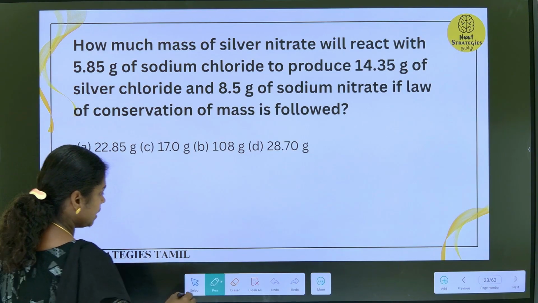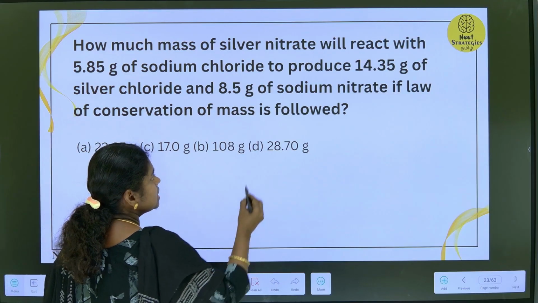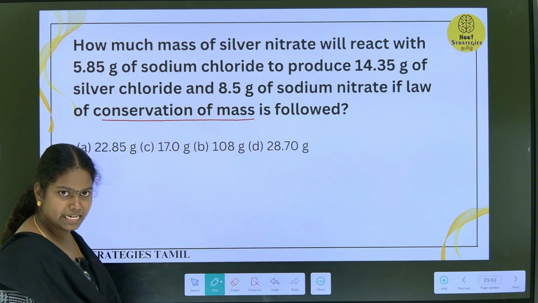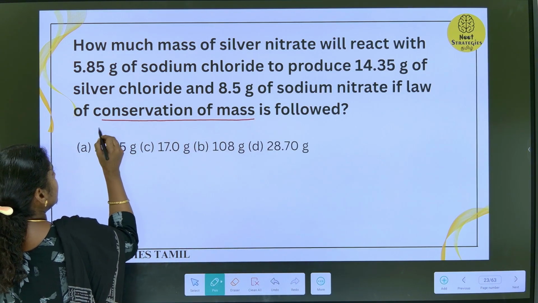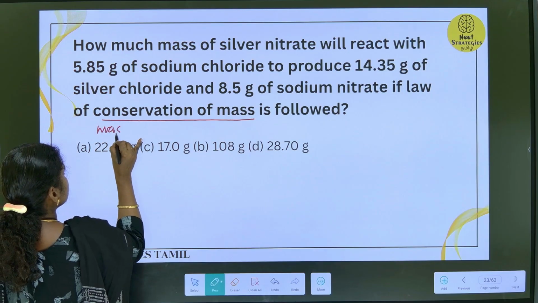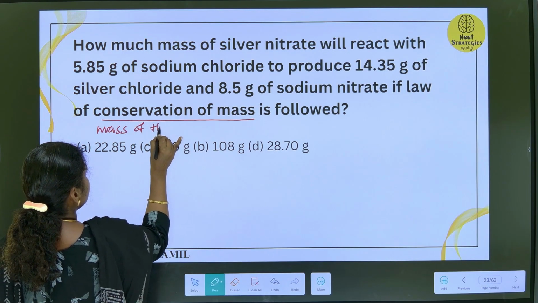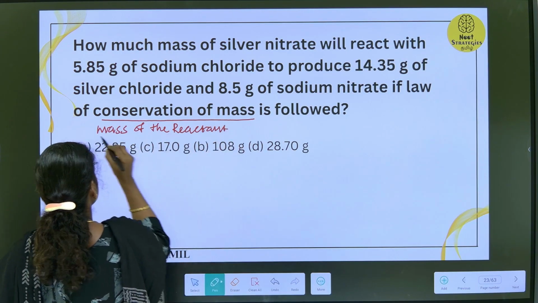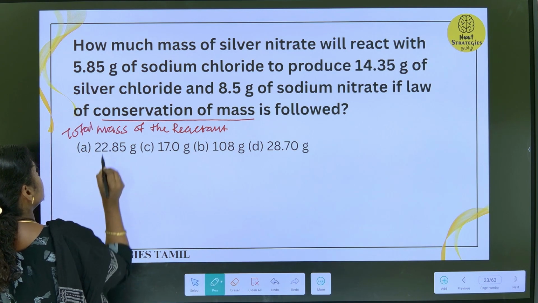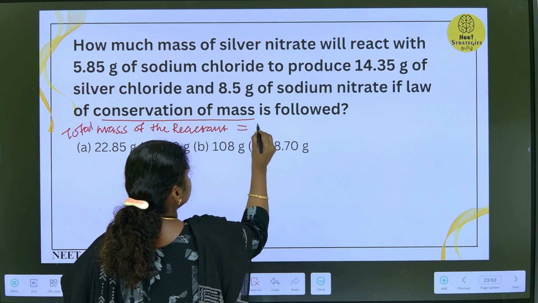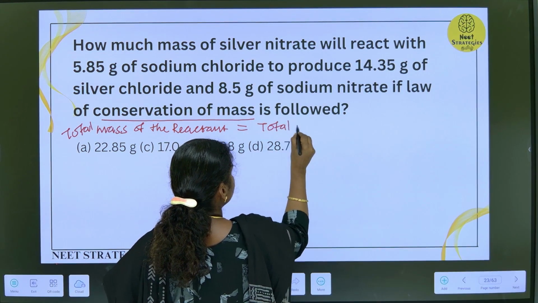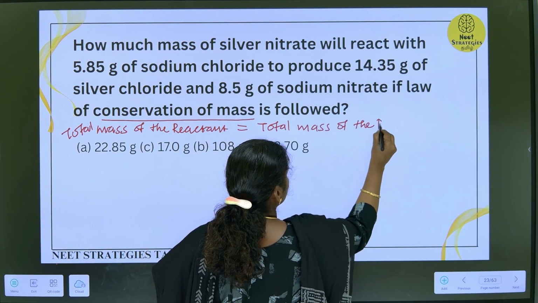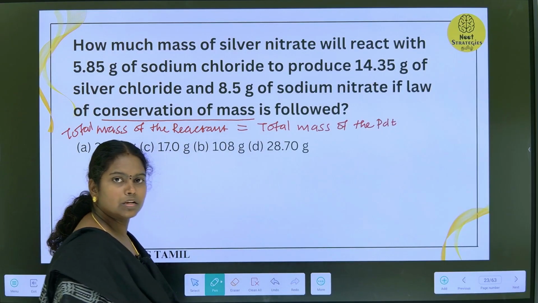So conservation of mass means the total mass of the reactants becomes equal to the total mass of the products.